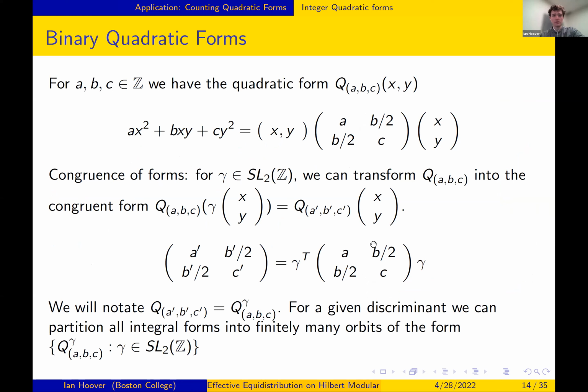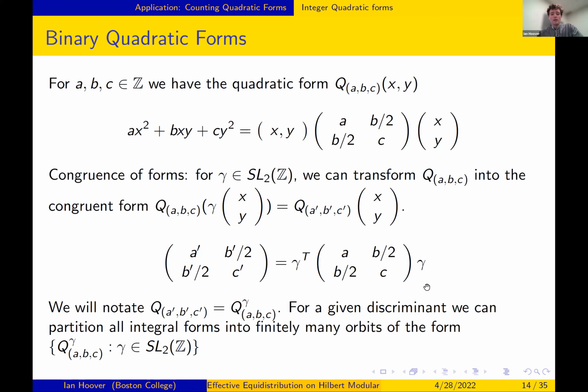Well, it comes down to the way that SL2Z matrices give us congruent forms via coordinate changes. For a gamma in SL2Z, we can transform one form into another form that we'd call congruent simply by multiplying by the transpose on one side and the matrix on the other.